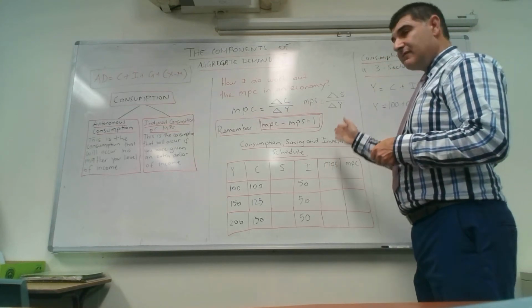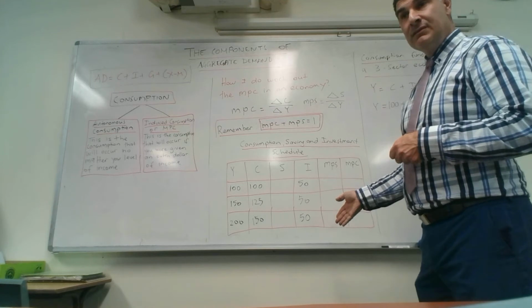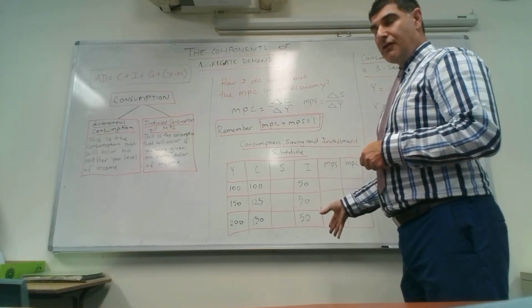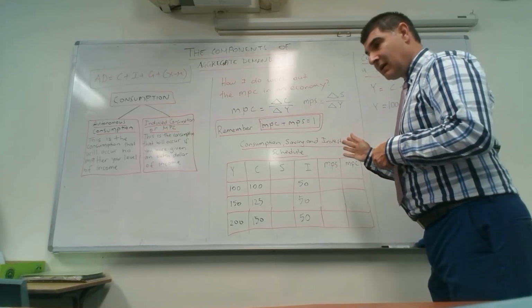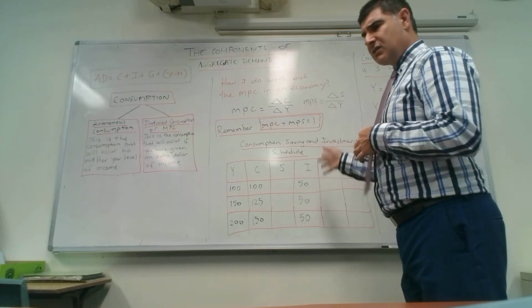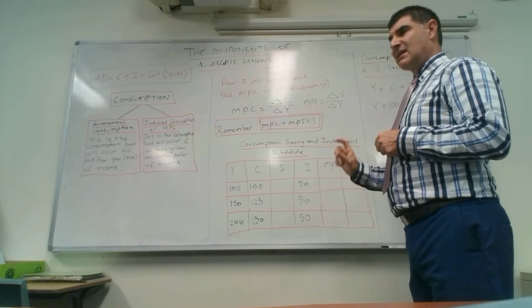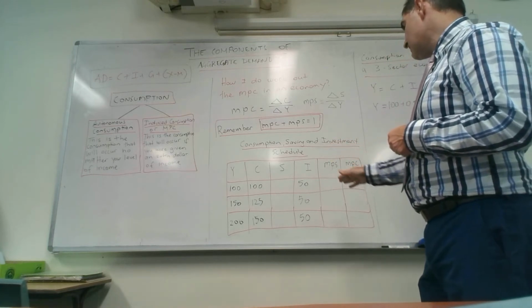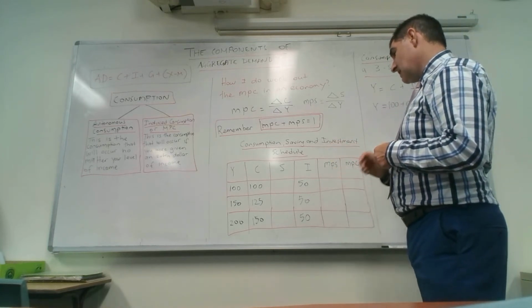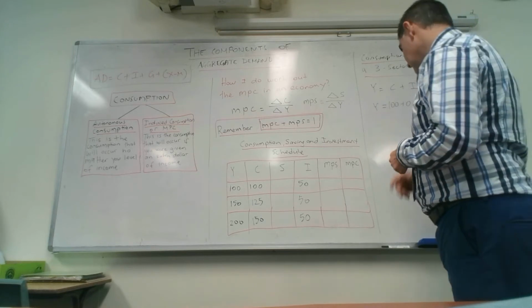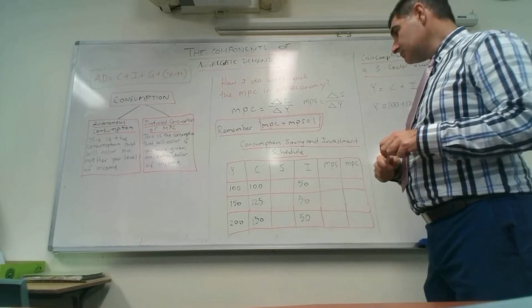We have investment here as a constant. In economic theory they often make investment a constant because it's not known exactly what investors are going to do. And then we're asked to work out our MPS and our MPC. So let's go.